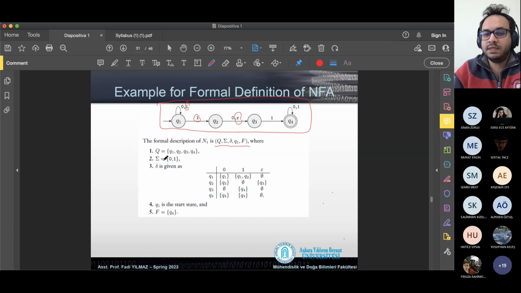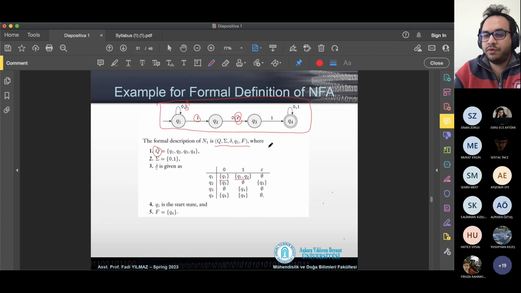And our input alphabet is 0 and 1. Again, we don't need to put the epsilon symbol into our alphabet. We know that it is there, but we don't have to put it there. Okay, guys? And the transition function has changed drastically compared to the deterministic finite automata. What we can see is all of the outputs are now a subset of Q, right?